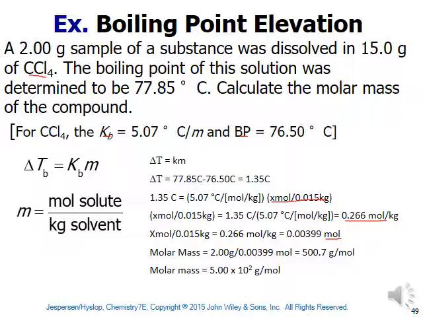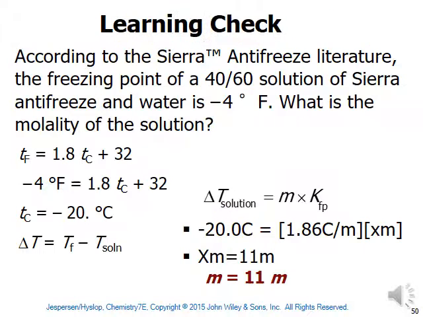So that's how many moles of unknown I have. The molar mass is going to be the 2 grams divided by its moles, and that comes out to 500.7 grams per mole. And our sig figs are 3, 4, 3, 3. So we should go with 3. So I guess it could be 5.01 times 10 to the second grams per mole.